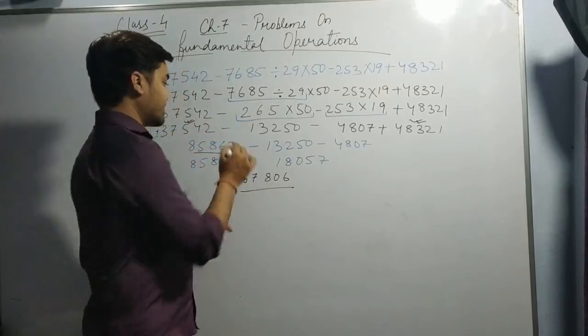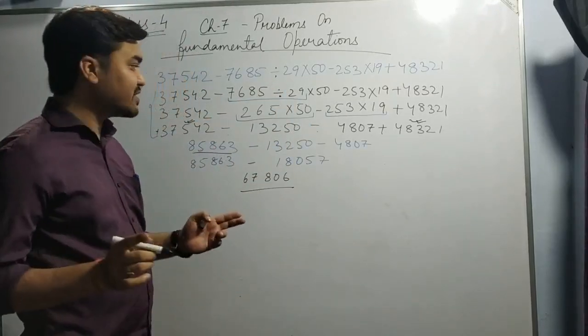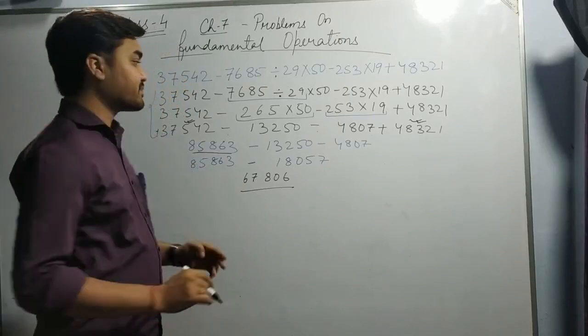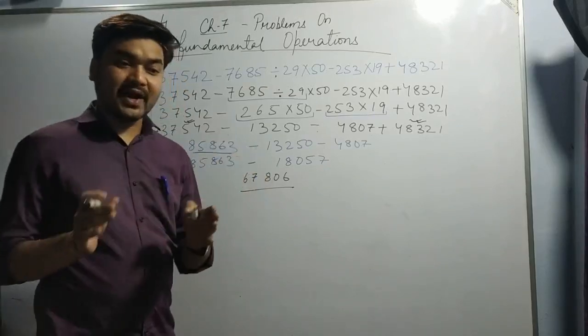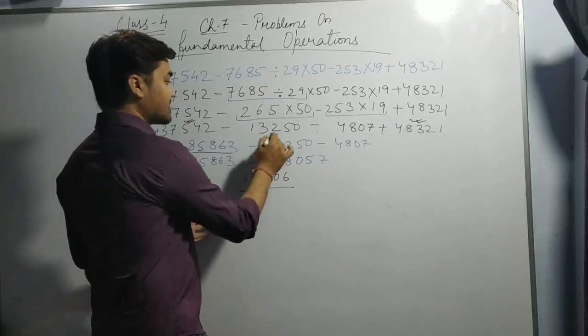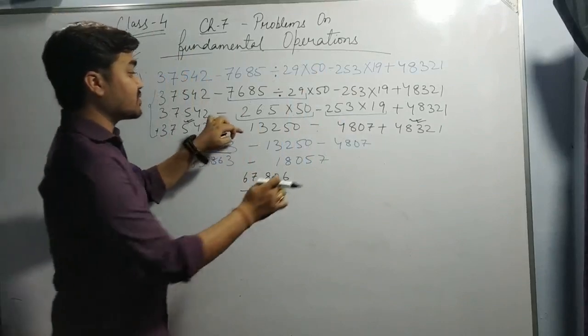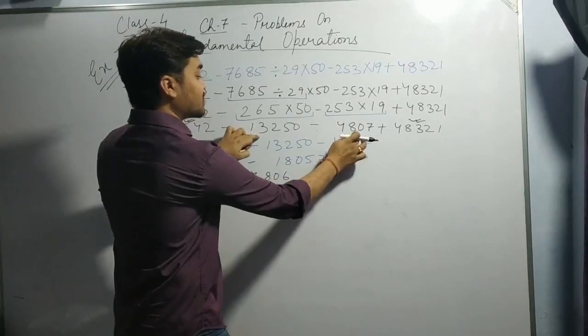Now, two minus signs are there, one here and one here. When two minus signs are there, we have to add those numbers which have minus sign before them. This number and this number have minus sign before them. So the second step, we have to add these two numbers.